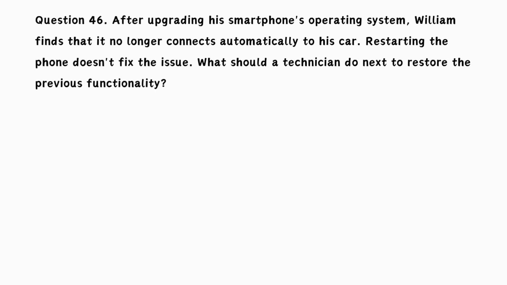Question 46. After upgrading his smartphone's operating system, William finds that it no longer connects automatically to his car. Restarting the phone doesn't fix the issue. What should a technician do next to restore the previous functionality?